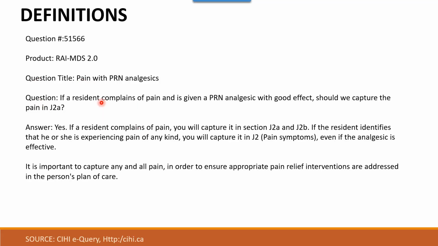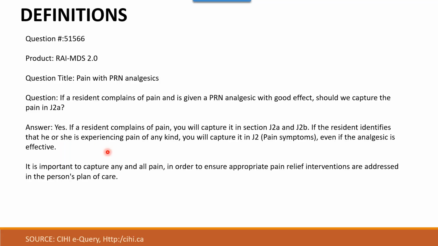Now, this question isn't really complete, because I think what CIHI assumes in their answer is that during that 7-day observation window, if the person experiences pain, then during the same observation window is given a PRN analgesic, should we capture it? And here the answer is yes, we should capture it.